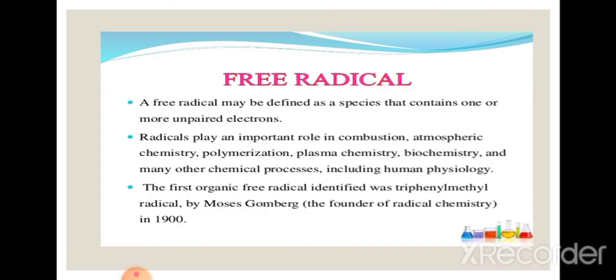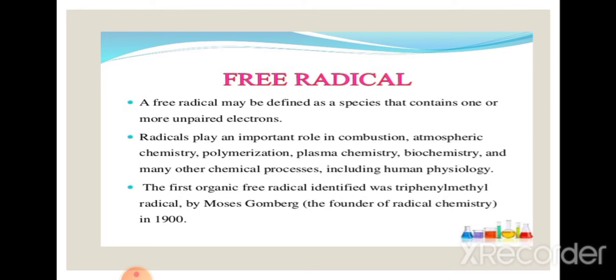First, we will discuss what are free radicals. A free radical may be defined as an atom or group of atoms having an odd or unpaired electron. As you have seen in homolytic fission, one atom took one electron and the bond was broken, so it will have an odd or unpaired electron.